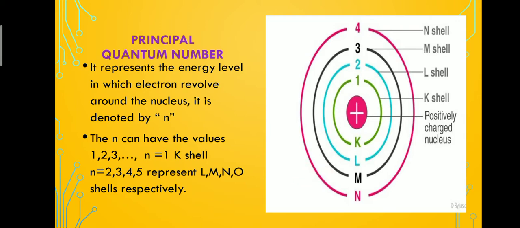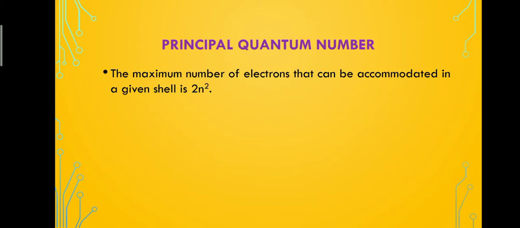And we can also find out the maximum number of electrons which can be accommodated in each energy level. If n is equal to 1, the electron should be in the K shell, and how many electrons can be present there can be found out by using the formula 2n square.